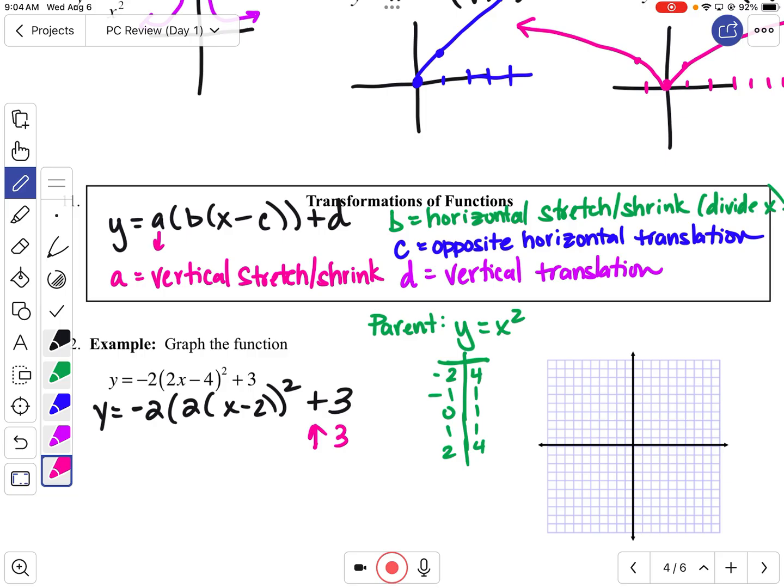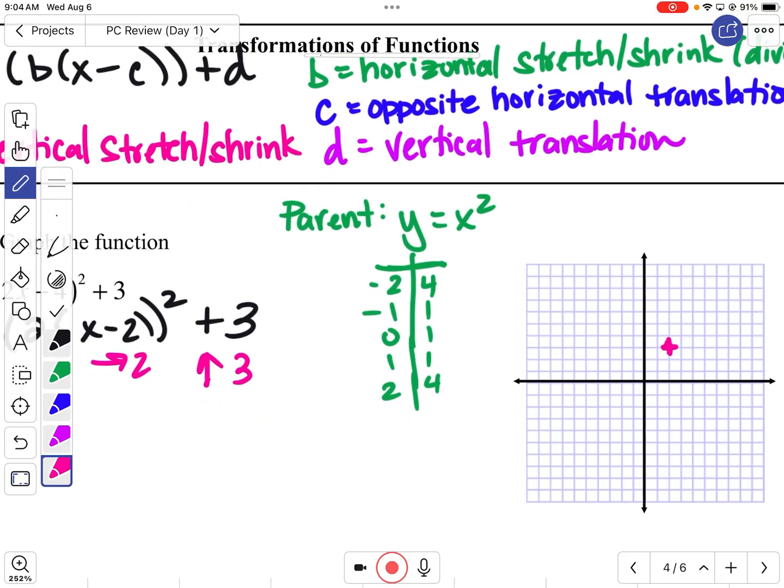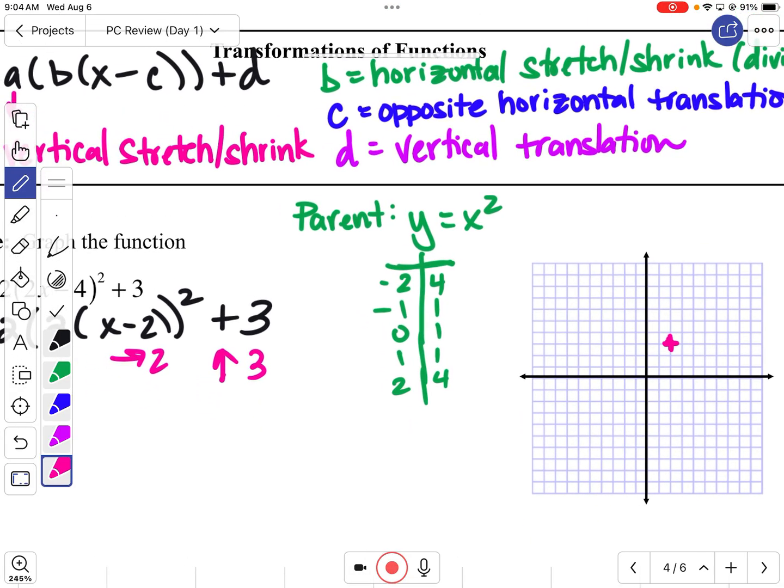Does it have a horizontal translation? Yep, it's inside that parenthesis with the x. So if it's -2, which way are we going to send it? Right 2. Okay, so we're going to go right 2 and up 1, 2, 3. Right, and when I get ready to graph, I'm going to graph from that little spot right there. Let me zoom into that a little bit so I can see it better.